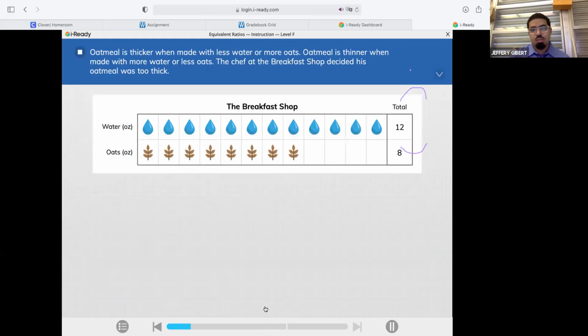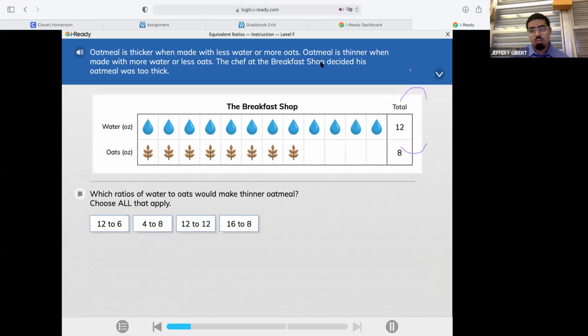Oatmeal is thicker when made with less water or more oats. Oatmeal is thinner when made with more water or less oats. The chef at the breakfast shop decided his oatmeal was too thick. Which ratios of water to oats would make thinner oatmeal? Choose all that apply.